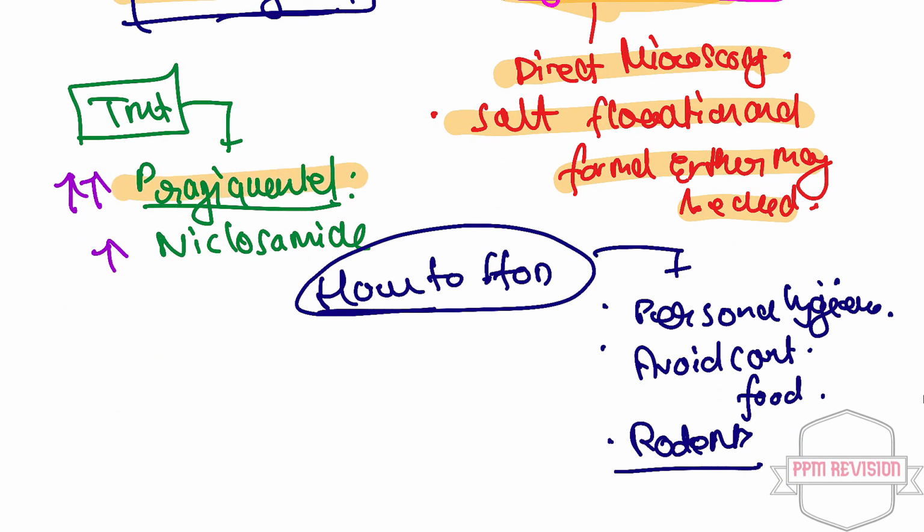Treatment is by praziquantel and niclosamide, and what we need to know is that praziquantel is highly preferred over niclosamide. And how do you stop this infection? This is by maintaining personal hygiene and sanitary improvements, avoiding contamination of food, and controlling rodents.